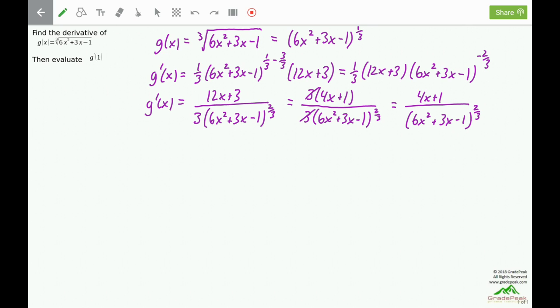The next thing to do is evaluate g prime of 1. G prime of 1 means to plug a 1 in for each of the x's.